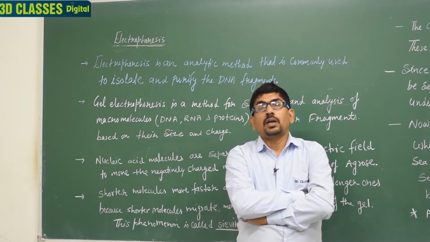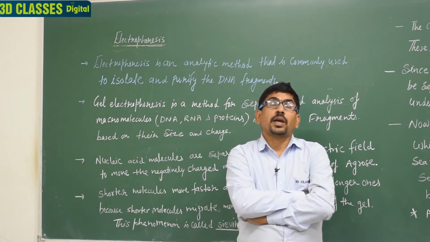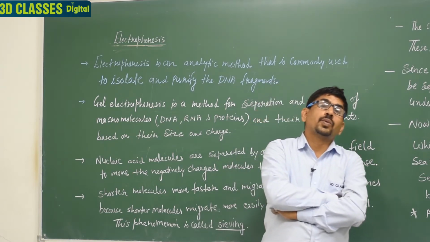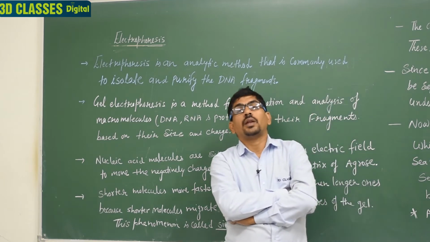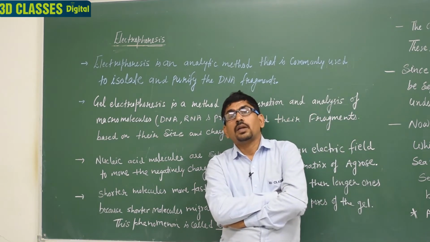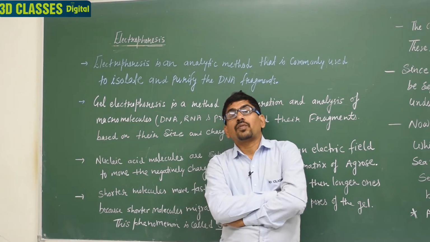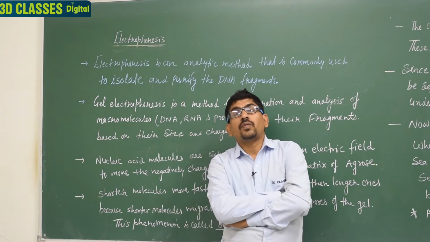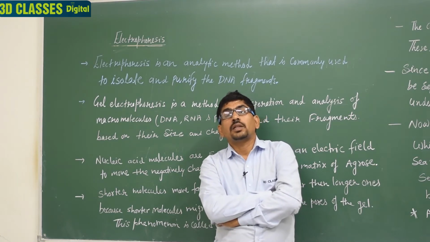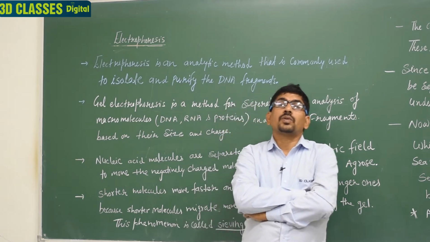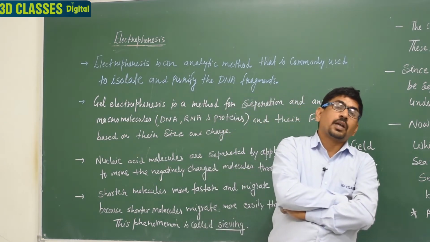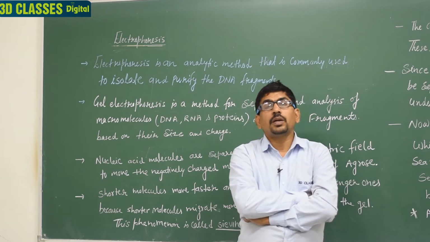I explained earlier in the recombinant technology technique, in step number 2, the formation of recombinant DNA. I explained that due to electrophoresis we identify the desired DNA, and then this desired DNA is ready for joining with the vector DNA and formation of the recombinant DNA.